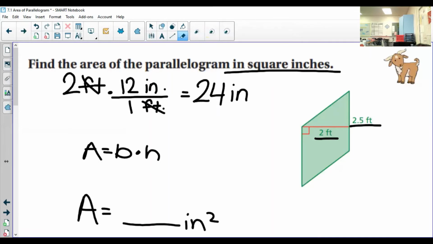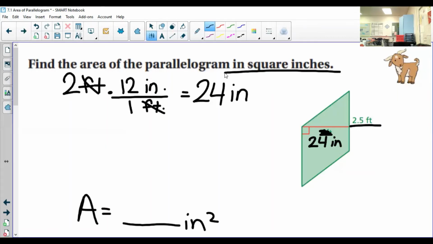So what did I just do? This is no longer 2 feet. This is 24 inches. Now I have to do the next one. I have 2.5 feet times, grab my conversion chart. We're trying to go to inches here. Okay, then I just put feet on the bottom. So what is that relationship?